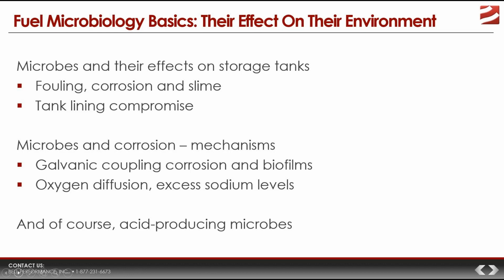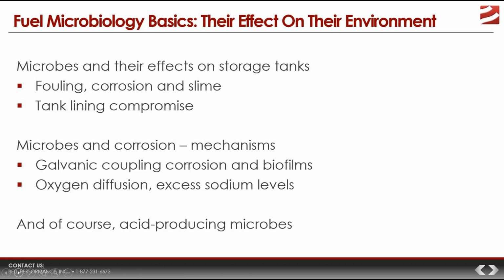Of course, no discussion of microbial-induced corrosion would be complete without talking about the acid-producing bacteria. Acid-producing bacteria produce things like short-chain fatty acids. They also produce low molecular weight acids, the light acids like acetic acid, formic acid, and lactic acid.